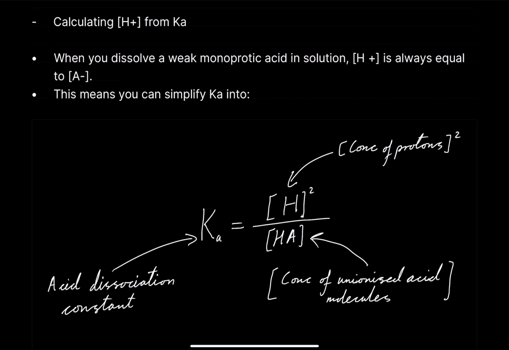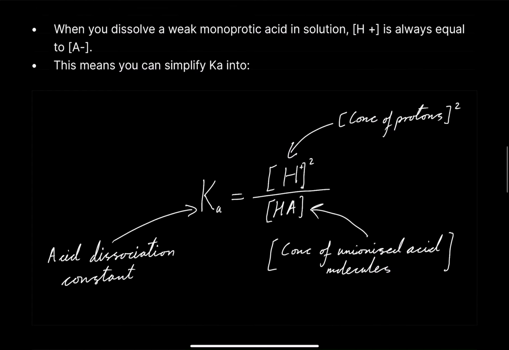Because if they say it's a weak acid, they might not give you the OH minus, and they need you to work out the Ka. If they've given you enough information to work out the concentration of the unionized acid, and enough information to work out the concentration of H plus, you can assume that the concentration of H plus is equal to the concentration of A minus, and therefore Ka would be equal to H plus squared over HA.